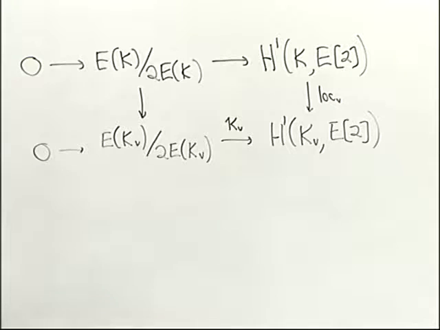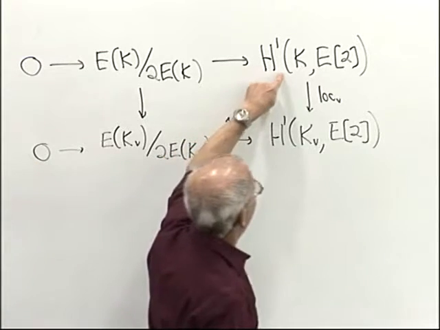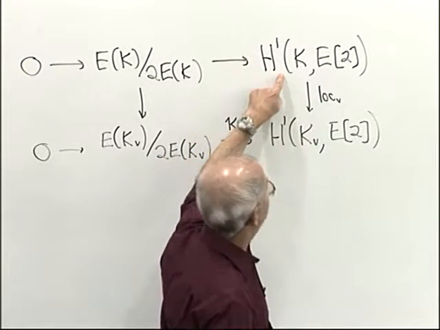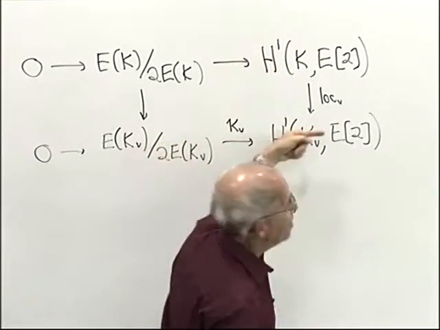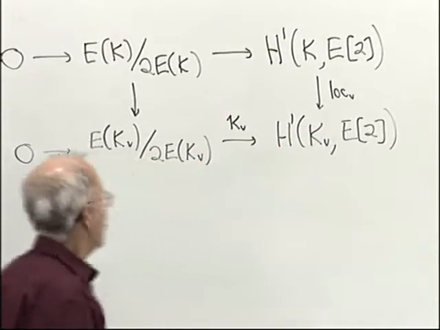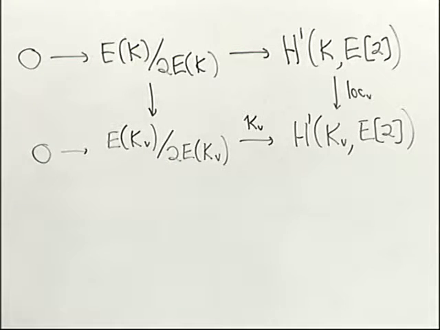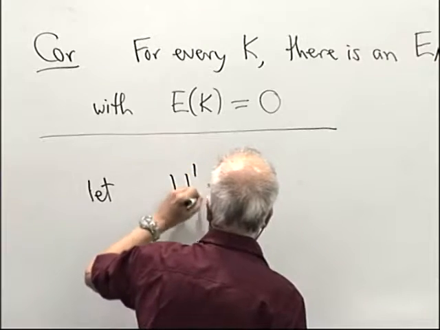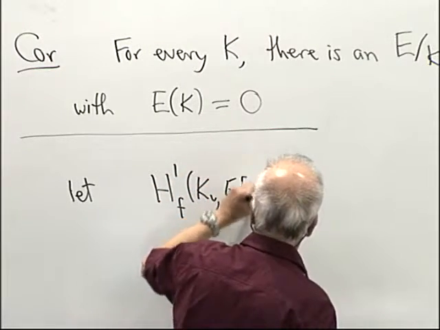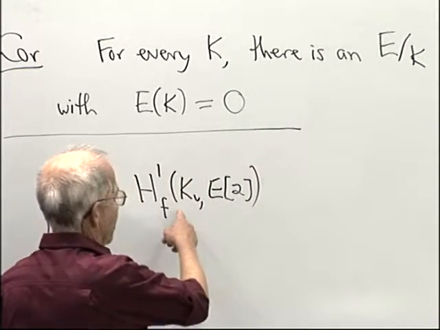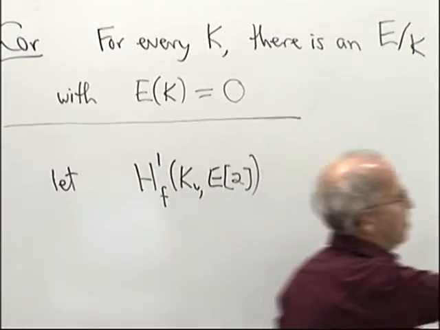And waving my hands, the Selmer group is going to live inside here. It's just going to be all the classes here which in every localization live in the image of kappa v. So let me write that. H1 f of kv, E brackets 2, you read this as a good subgroup of this group, and it's just going to be the image of kappa v.